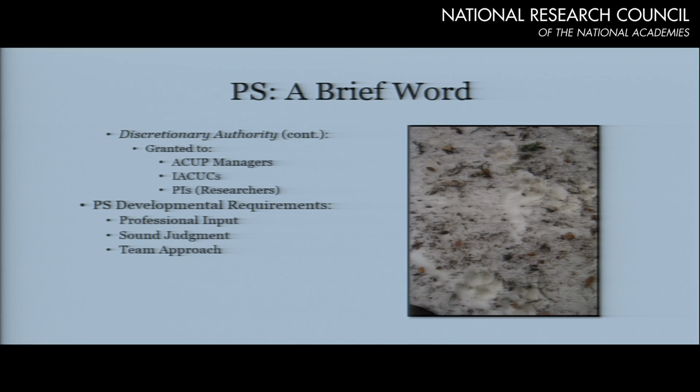A lot of people think, well, you can't ask the PI because that's the person under review. You can't ask a PI, is what you're doing best practices? Is this the best way to do it? Well, of course the PI is going to say yes. They want approval. They want to get on with their work.